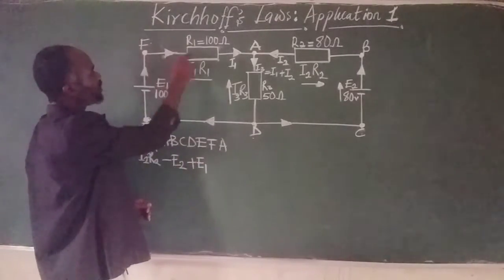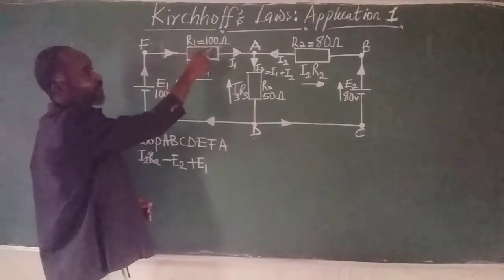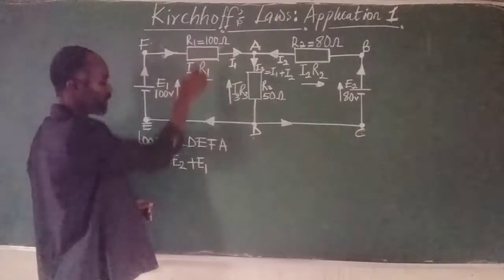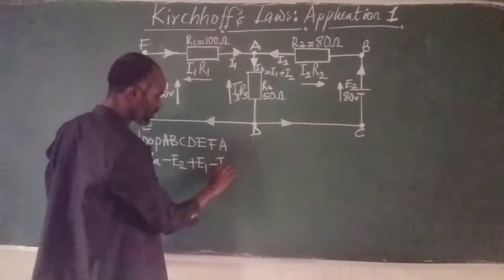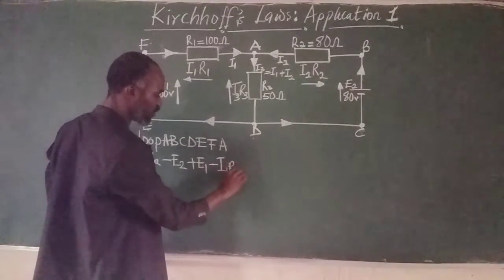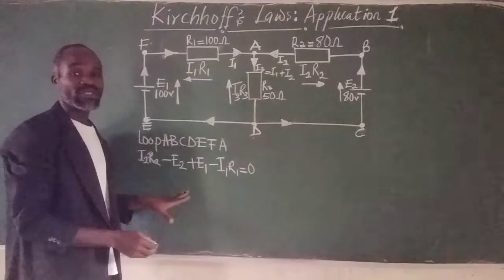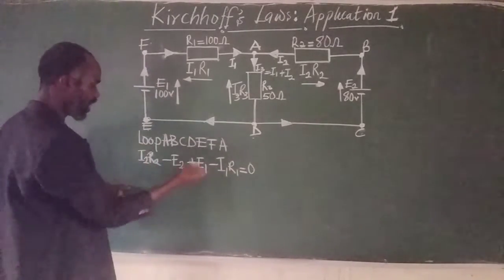Then we move again. There is a potential drop here, and a resistance of 100 ohms opposing the direction, so it's going to be negative. We have minus current 1 times R1, all equal to 0. This is exactly what Kirchhoff's law is all about. Now, we are going to rearrange this.